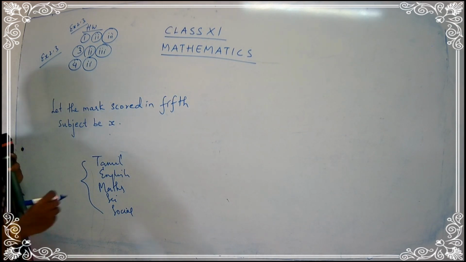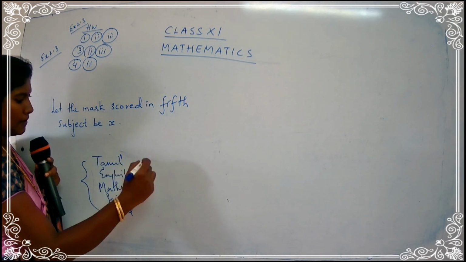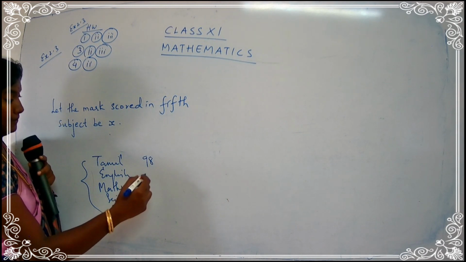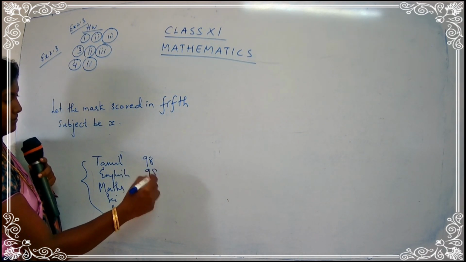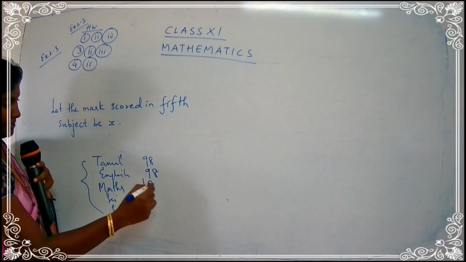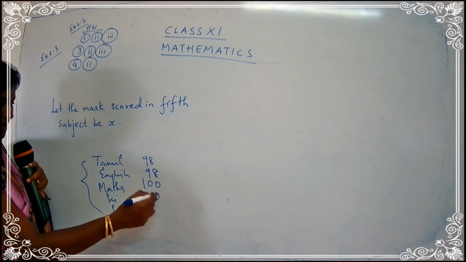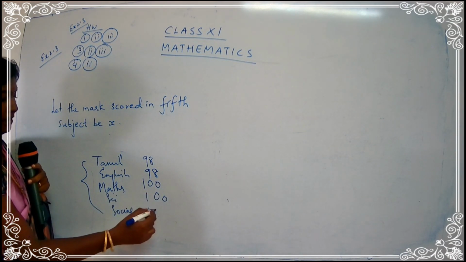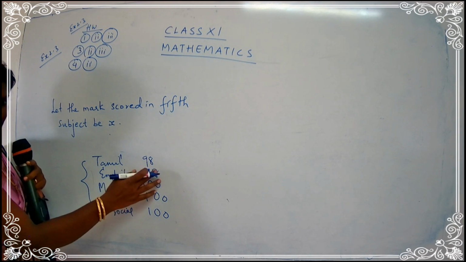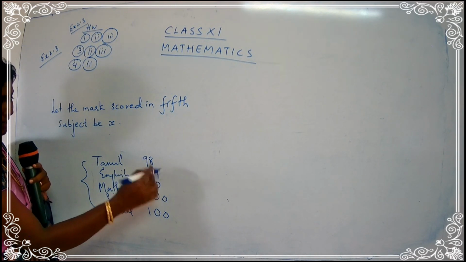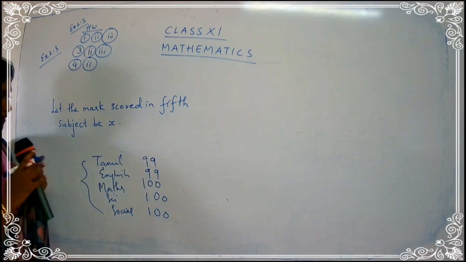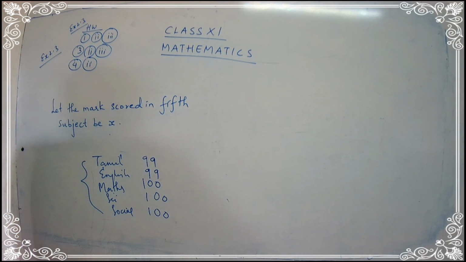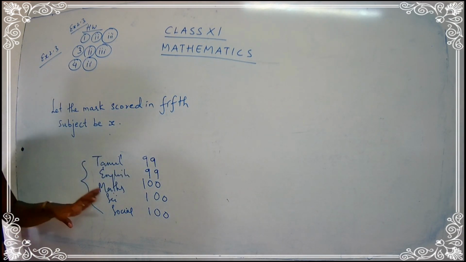You are going to add all the marks. Tamil mark 99, English mark 99, Maths mark 100, Science mark 100, Social mark 100. Everyone will get 100.